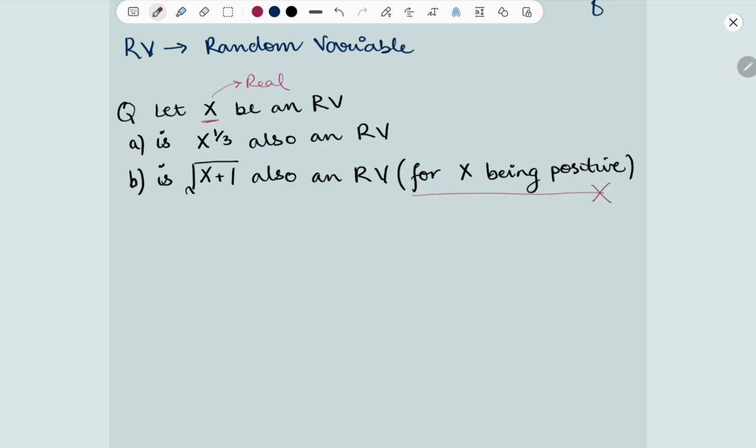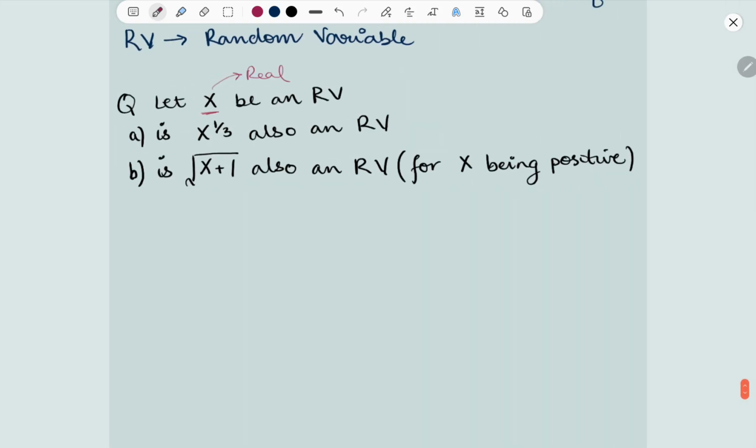But now a condition is given, so as long as x is positive, the square root of a positive number will always give a real number. Therefore this is also true. Yes and yes.